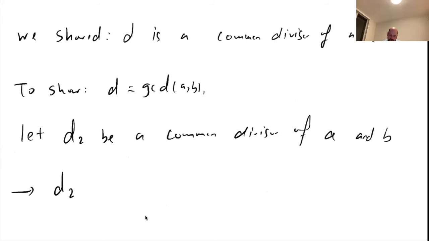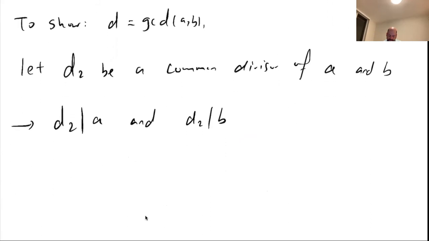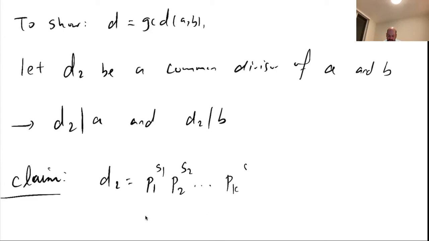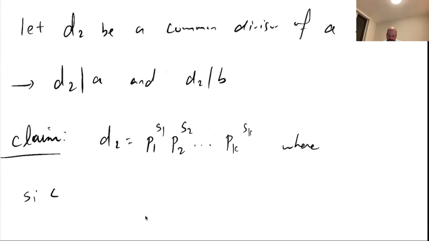That means D2 divides A and D2 divides B. Now the claim is D2 can be written as P1 to power, let's say, S1 times P2 to power S2 all the way to Pk to power Sk, where Si is less than or equal to minimum NiMi for each i between 1 and k.